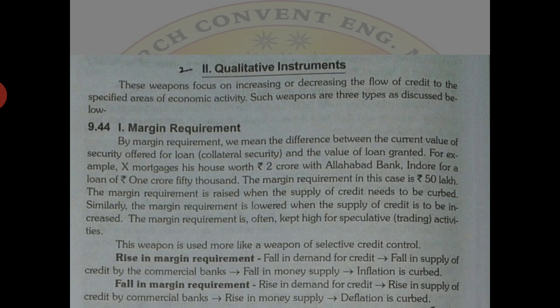Vice versa, when we talk about a fall in margin requirement, there is a rise in demand for credit, and there is a rise in supply of credit by the commercial banks, and excess money supply is done in the economy so that deflation can be curbed.